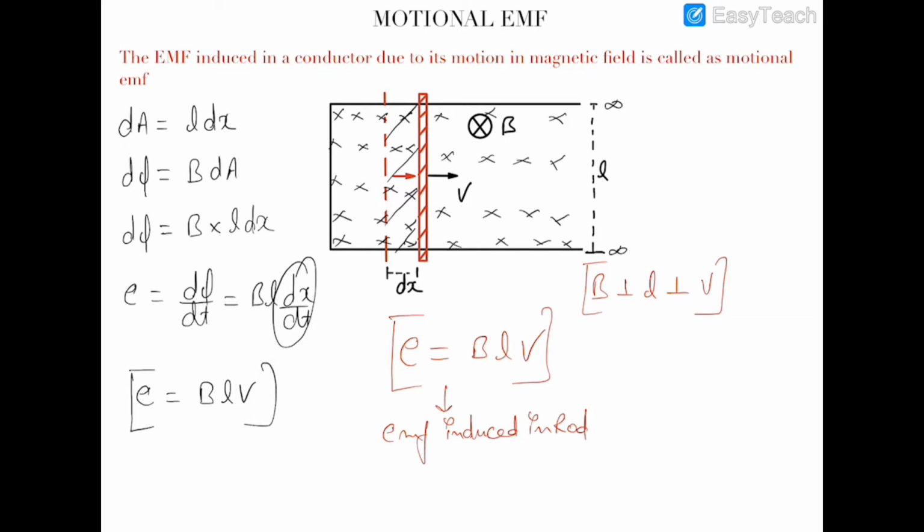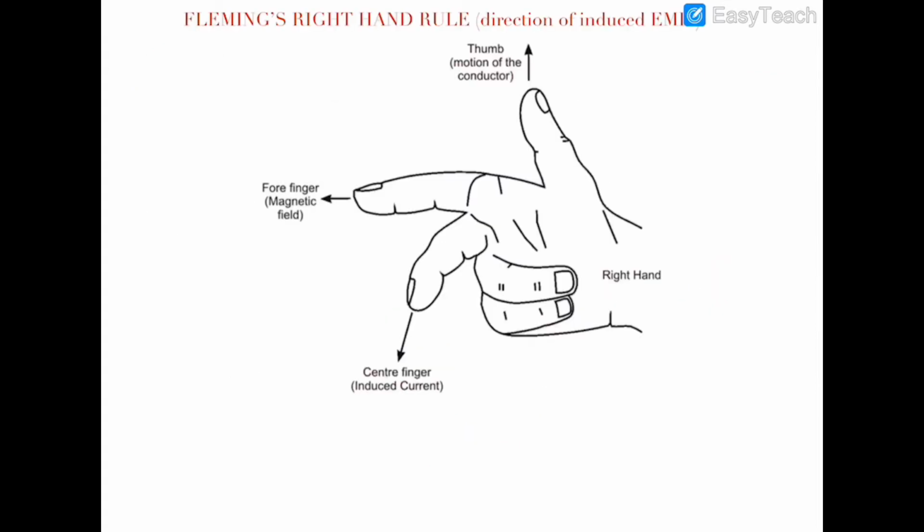Now we will discuss Fleming's right hand rule, which is used to calculate the direction of this EMF. You should remember that if you need to calculate the direction of force, then you should use Fleming's left hand rule. And if you need to calculate the direction of induced EMF, then you should use Fleming's right hand rule.